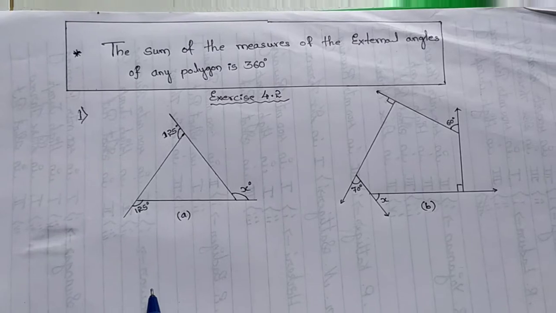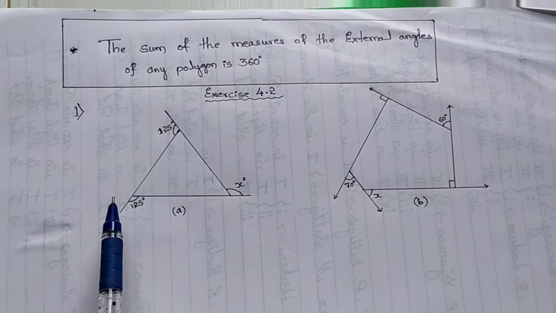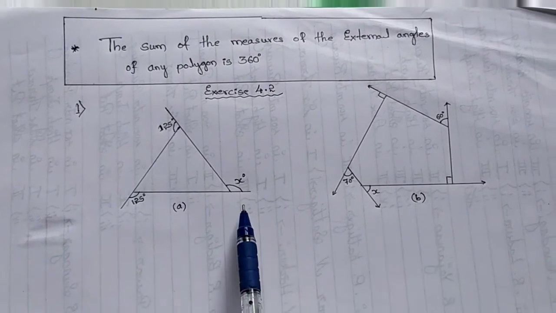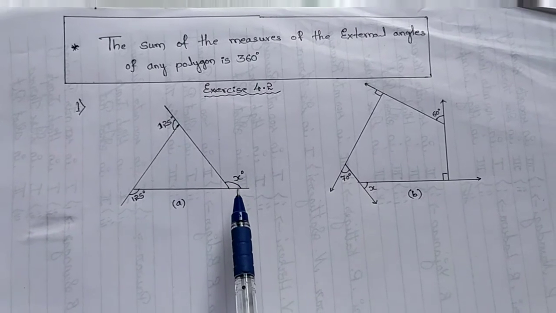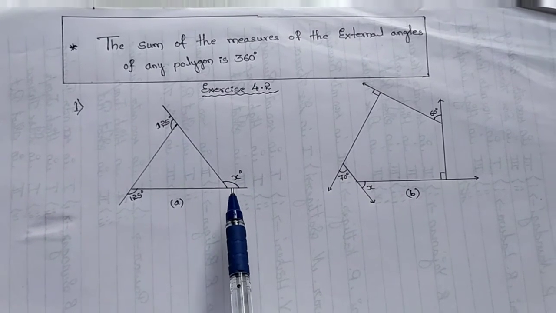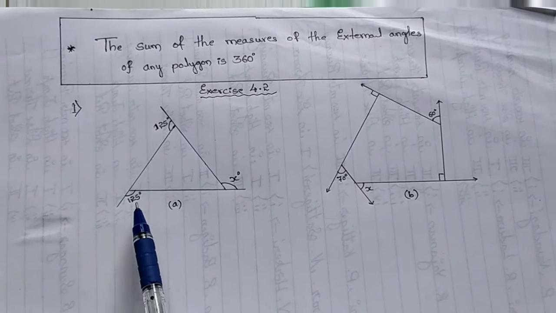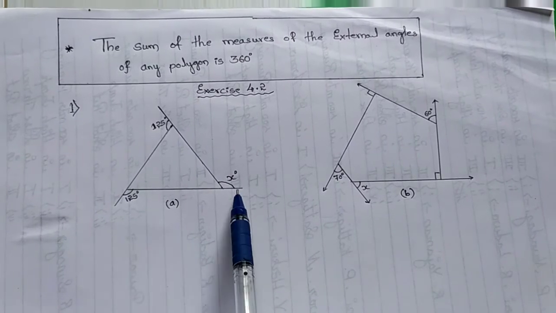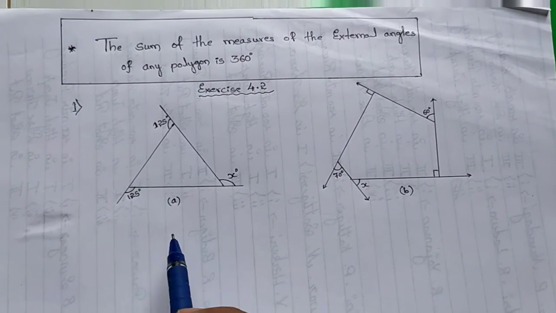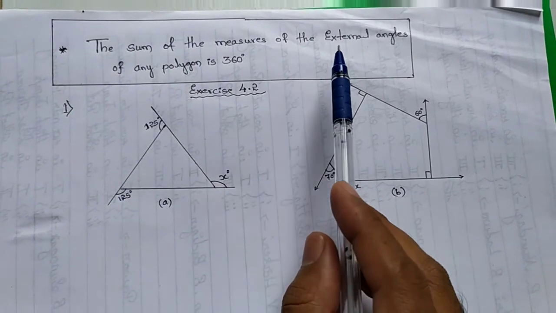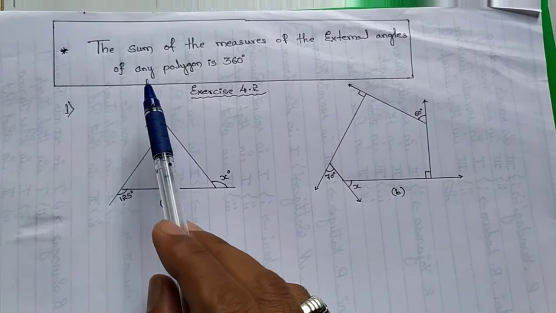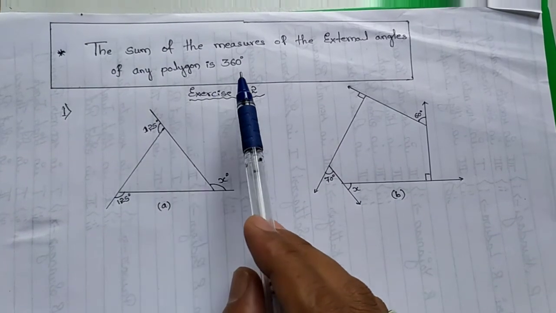Now coming to exercise 4.2. Here in the first question they have given two figures. We have to find the x value, where it is an external angle. In the first figure they have given a triangle with three exterior angles. We just learned that the sum of the measures of external angles of any polygon is 360.